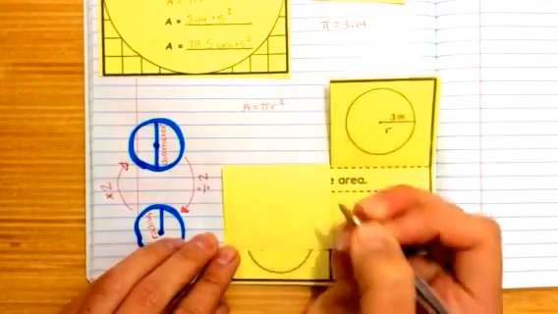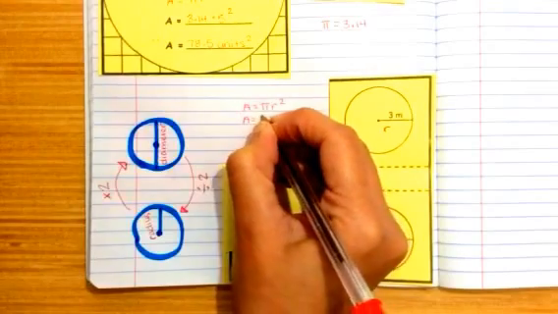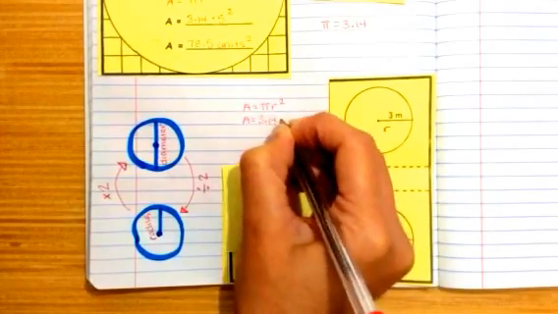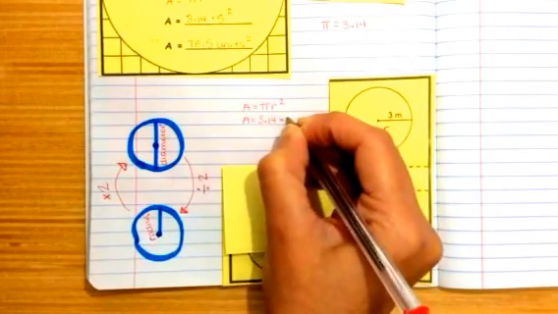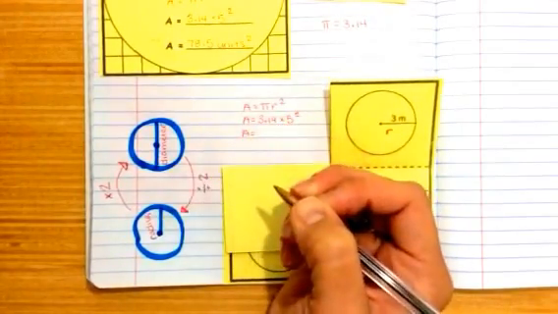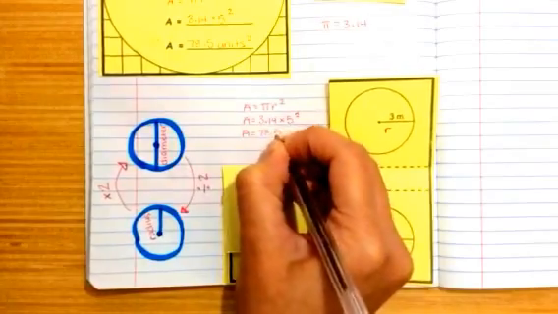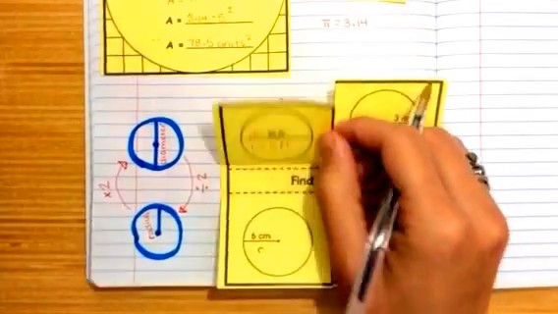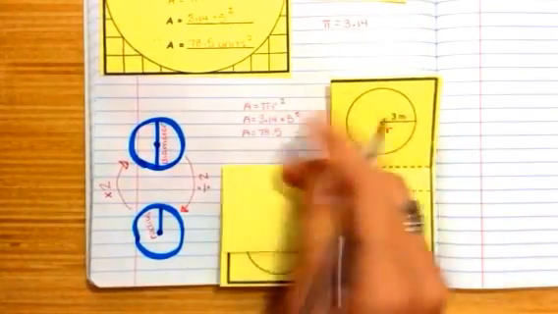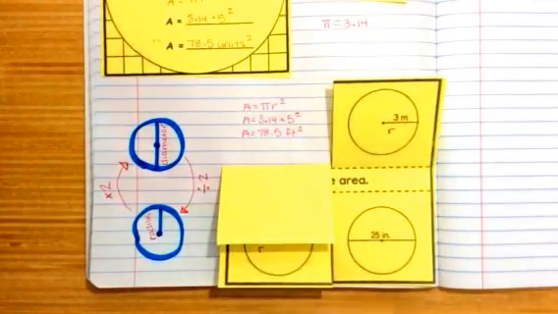Area equals pi r squared. Area equals 3.14 times 5 squared. And when we do that on the calculator, we will get 78.5. And that was feet. Feet squared.